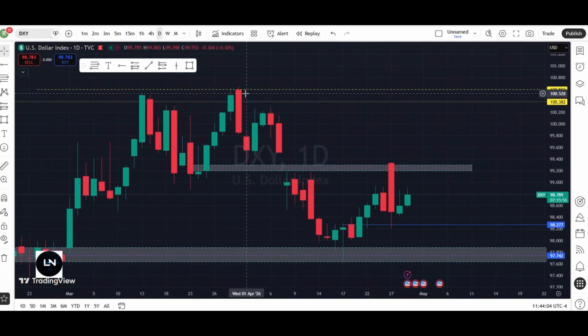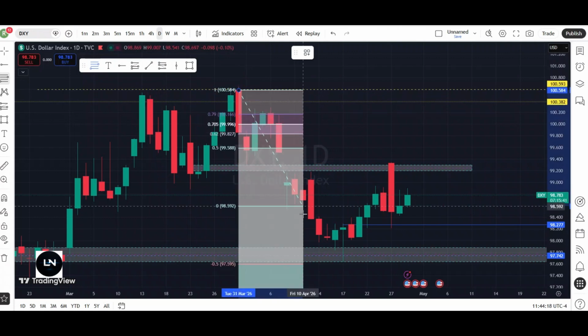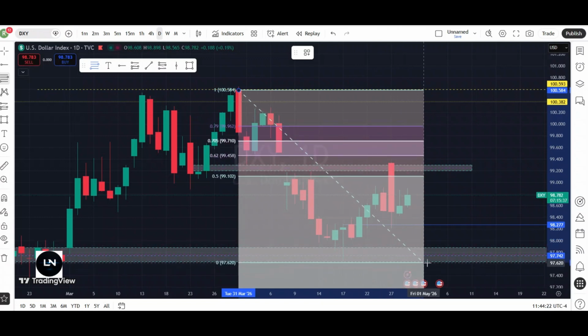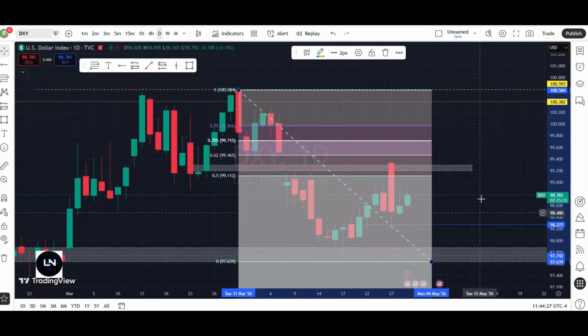So we have gotten the swing high and swing low. Then if we want to get the half of this, that means the equilibrium, we now have to use our Fibonacci retracement. If we put it from the swing high to the swing low, we can use the body of the candles, or you can actually look at the wick if they are not too high. Having done this, we can see here is our equilibrium price.